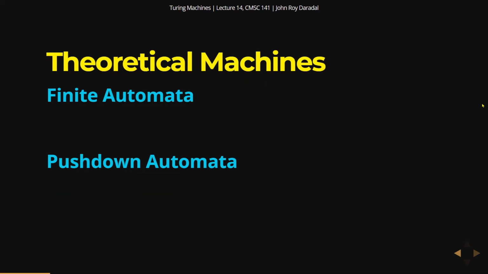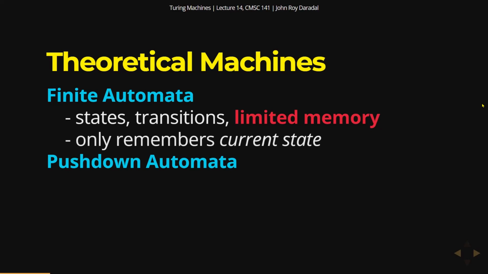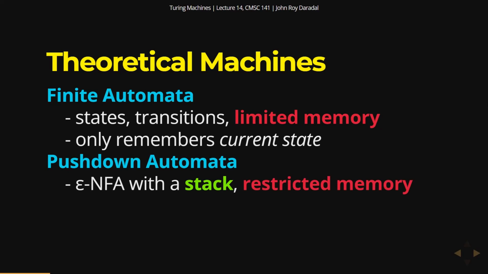But so far, in the theoretical machines that we have seen, finite automata was about states and transitions, and it had very limited memory because it only remembered the current state, right? So it only remembered one thing. The pushdown automata was a slight upgrade in terms of memory because you can think of a PDA as an epsilon NFA with a stack.